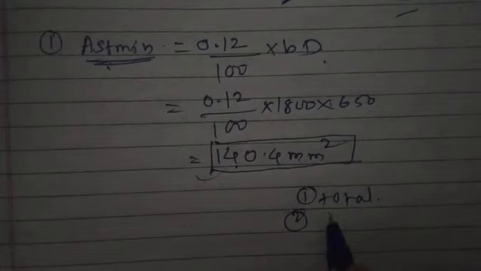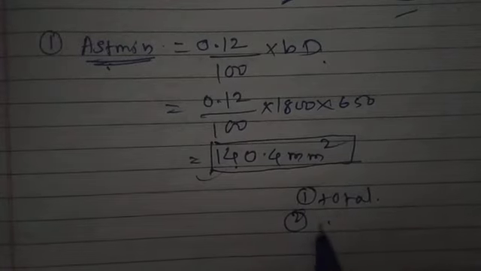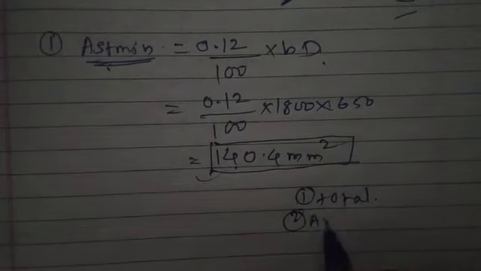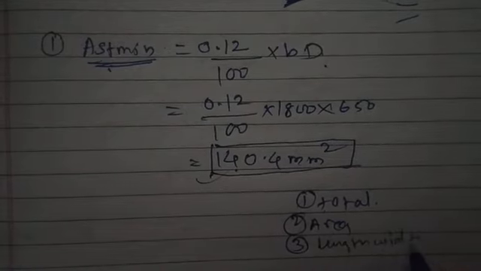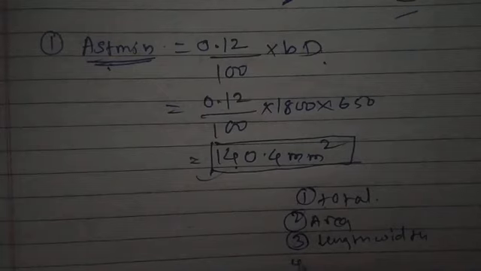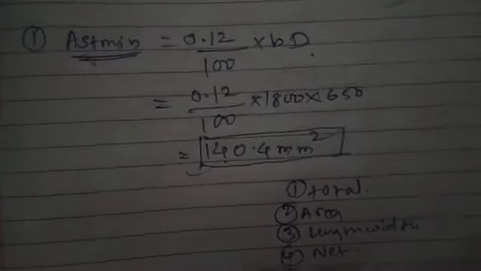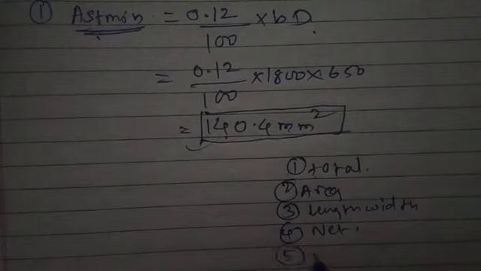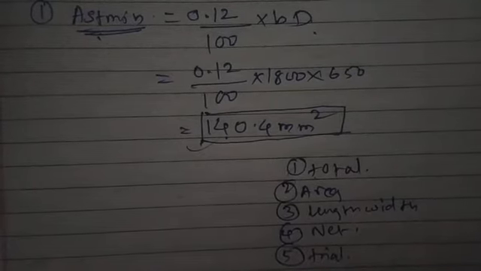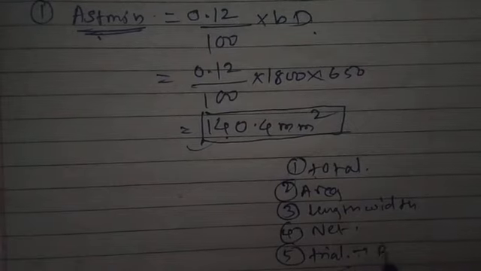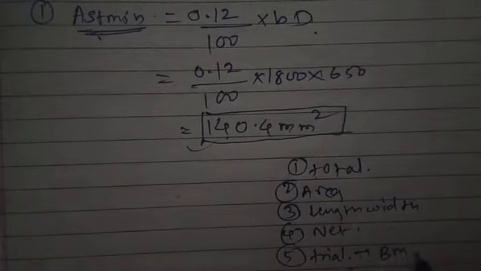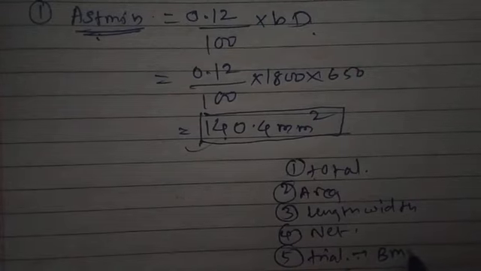Okay, so first of all we have calculated the total load. After that we have calculated the area of footing. Then we have calculated the length and width of footing. Then we have determined the net upward pressure. After that we have calculated the trial depth. Before that we have determined the bending moment at column A, column B, and at the section of maximum hogging bending moment.